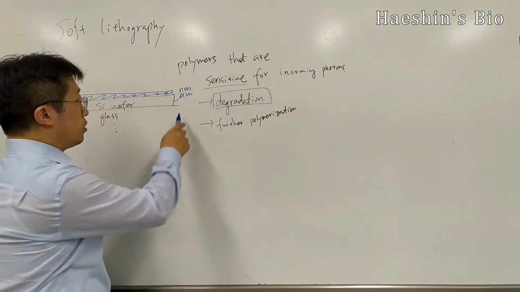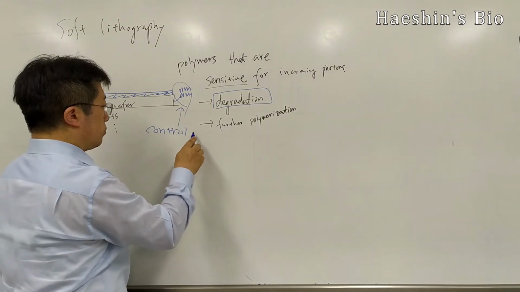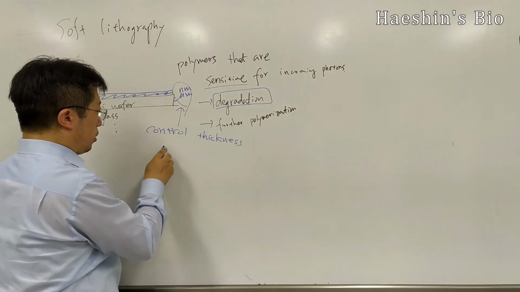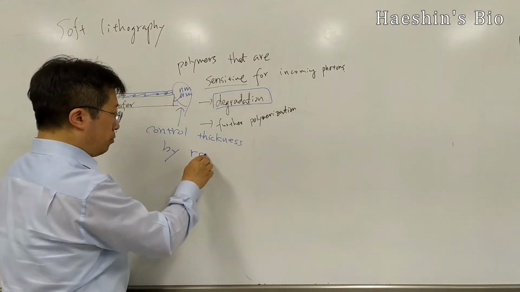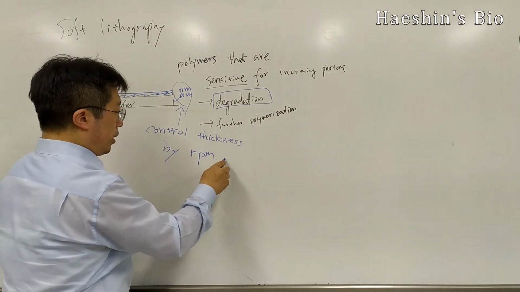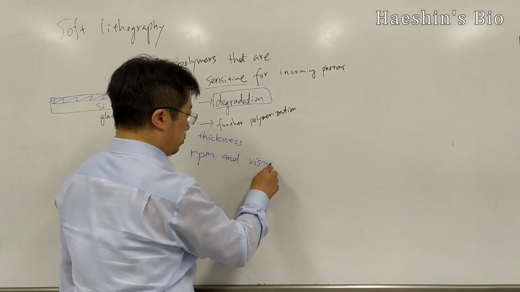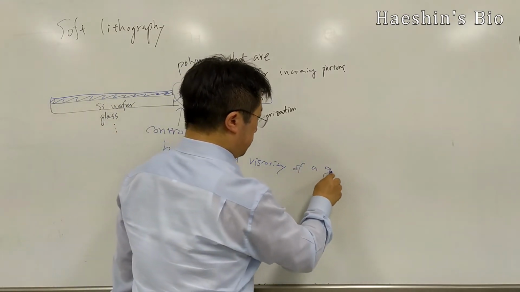So you can control this thickness by the rotation per minute, RPM, and the viscosity of a given polymer.